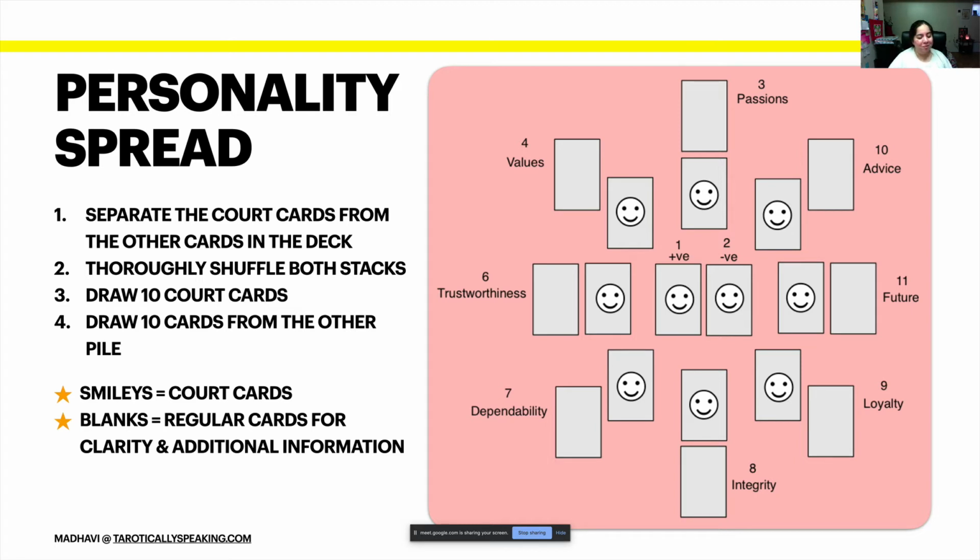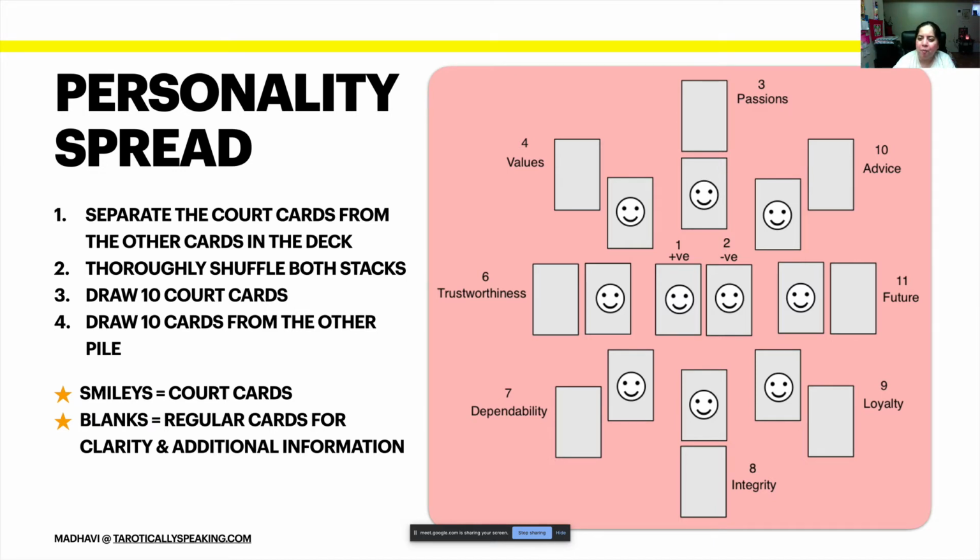Between the two of us, we came up with this very intriguing spread where the cards you see with the smileys are the code cards, and the other cards are your normal non-code cards. That's additional if you want. Basically, you shuffle your code cards and draw them for this, and you can draw other cards also to add more information.